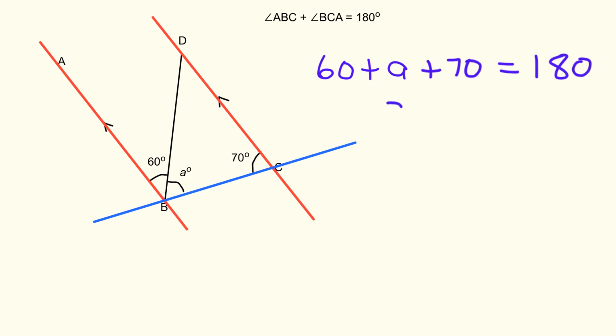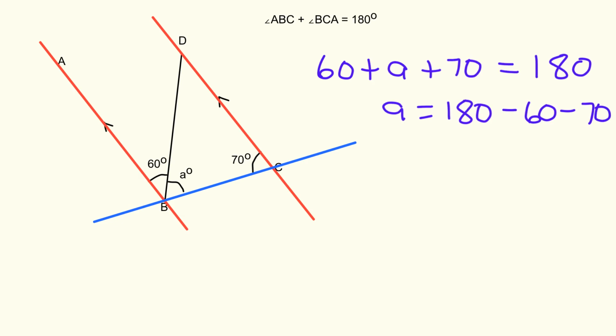Therefore A equals 180 degrees, subtract 60, subtract 70. Therefore angle A equals 50 degrees. So angle A equals 50 degrees. Well done, you solved that one.